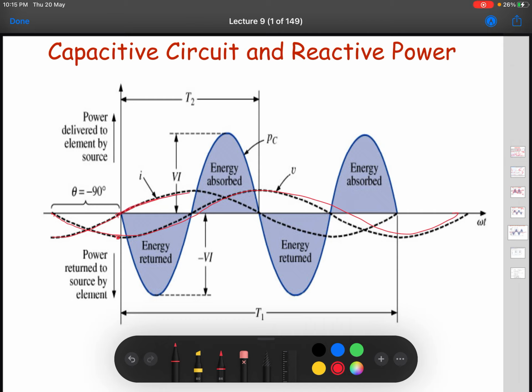I'm sorry, the current actually leads, and the voltage here is drawn beforehand. This is the voltage here, and the current is this one, and theta is equal to minus 90. So this time I think it is exactly opposite. I is at 0.